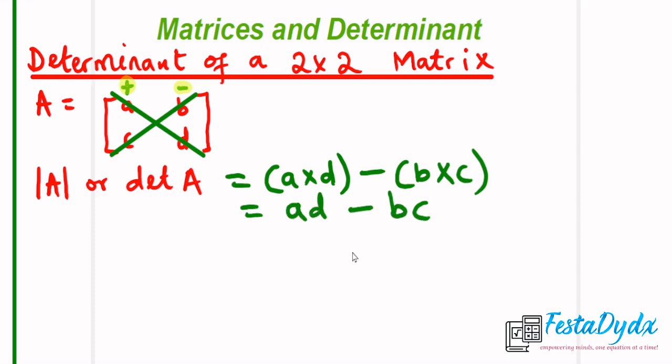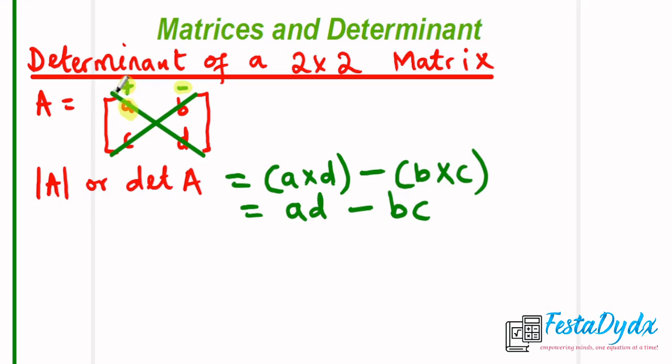This is because I'm using letters as an example. Whenever we have a 2 by 2 matrix, the first thing to do is multiply the diagonal coming from the left side, starting with A, the first element in the first row and also the first element in the first column.